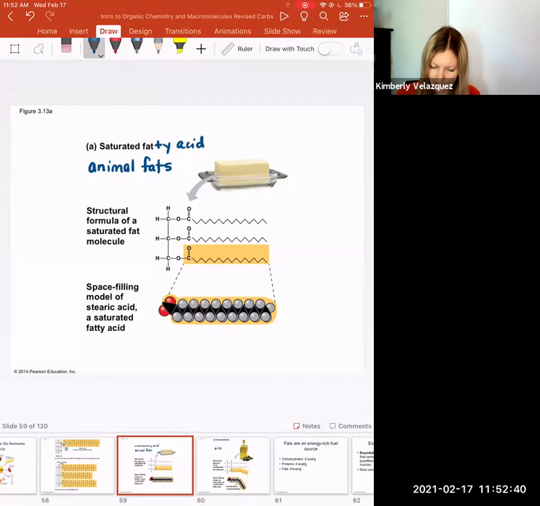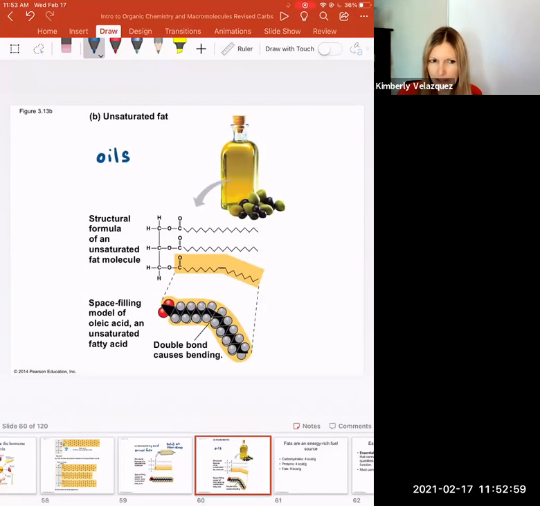The saturated fatty acids are very linear molecules, linear, linear, linear. And so these can really pack tightly together. And that's why these tend to be more solid at room temperature. But when we're talking about the unsaturated fatty acid, these are liquid at room temperature, and that's why they're called the oils.